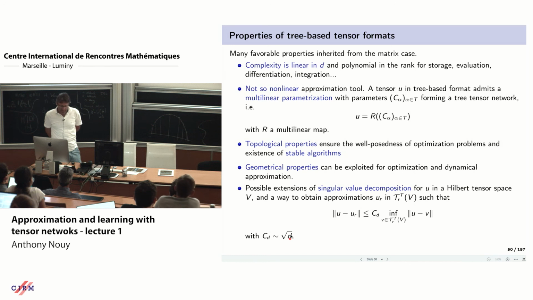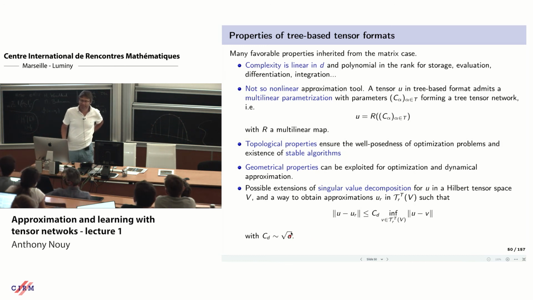So if you have, let's say, 100 dimensions, you will have here a factor 10. So it means that maybe the best approximation error was 10 to the minus 4. You will provide something with an error certified at 10 to the minus 3. Not too bad. You lose a little bit, but not too much. Just a constant in square root of D.